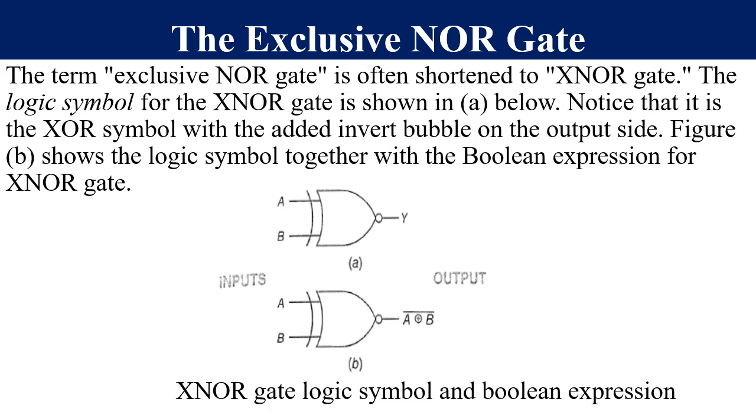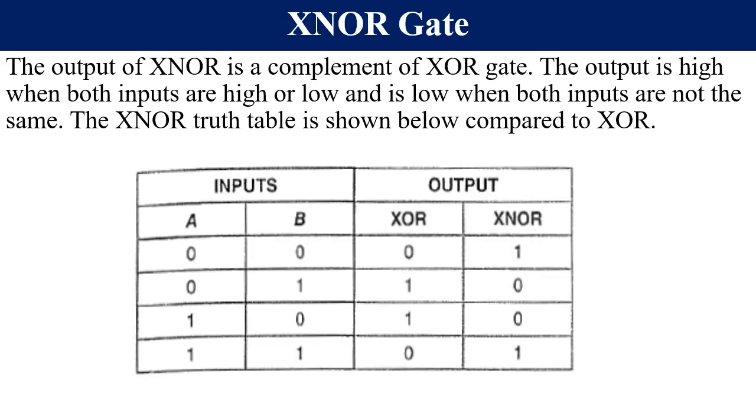We are adding a bubble or a NOT gate at the output of an exclusive OR gate as shown. Y is equal to X XOR B bar. Please take note of the truth table, or rather the output is 1 when the inputs are the same.